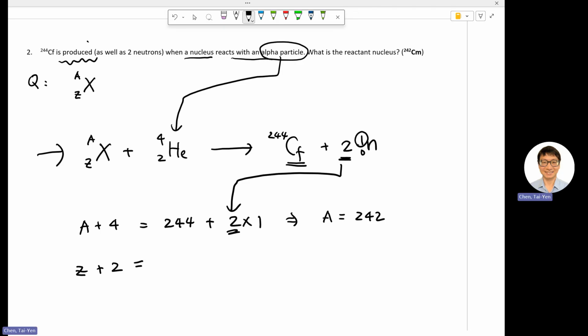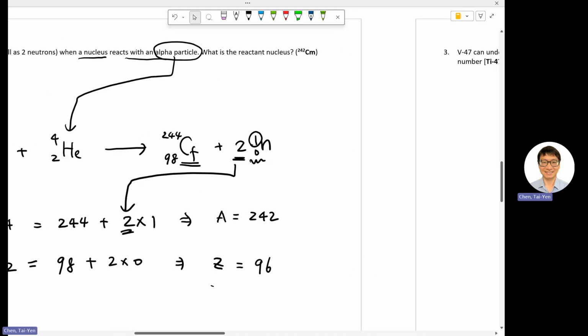When you go back and check your periodic table, this one is 98, plus 2 times 0, because there are no protons in a neutron. So once you do that, you should be able to find that your Z equals 96. Okay.